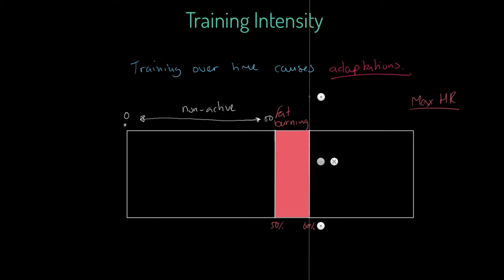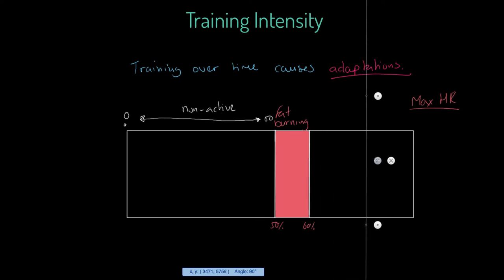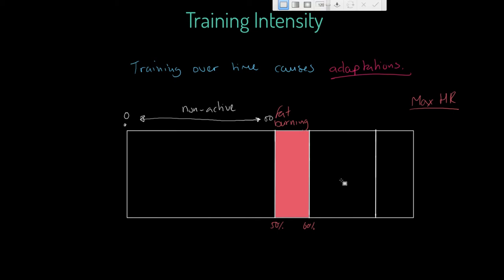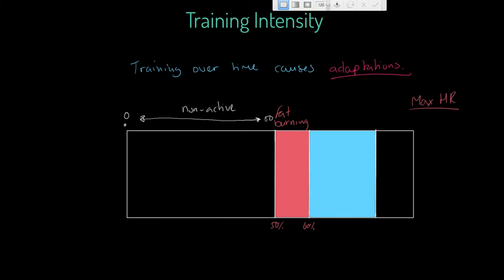Now, let me bring my ruler back in. I'm going to give you another zone here, where I'm only estimating. I'm going to say that this zone here, let me go to about there. I don't know how well I've done my proportions, but never mind. I'm going to refer to this as our aerobic zone, okay?